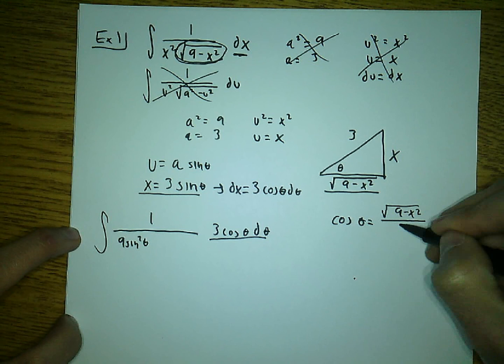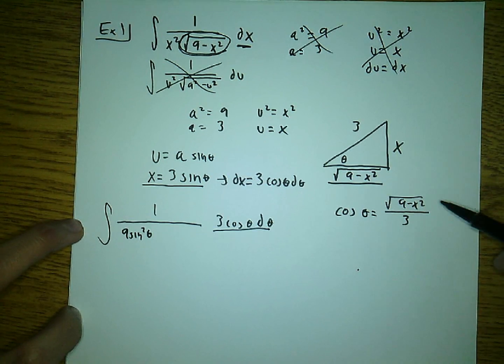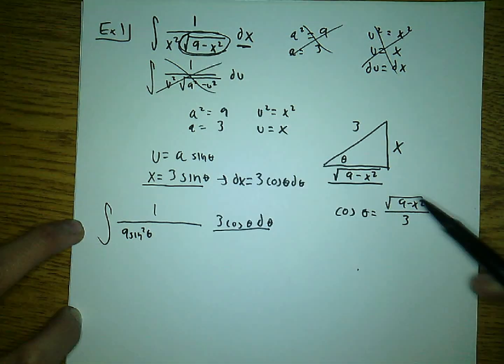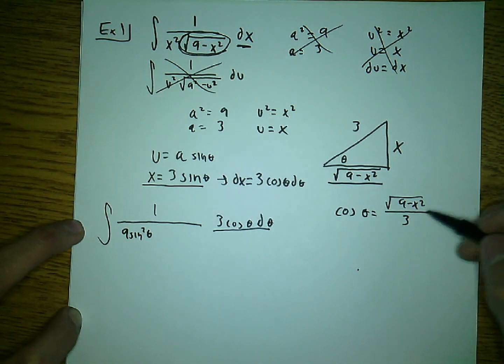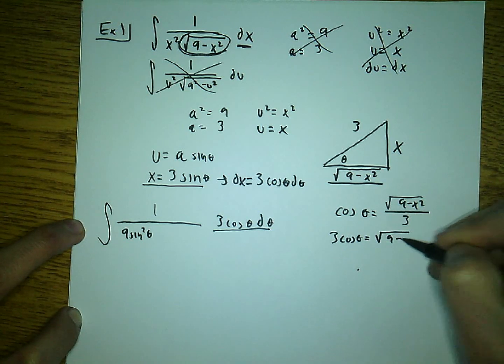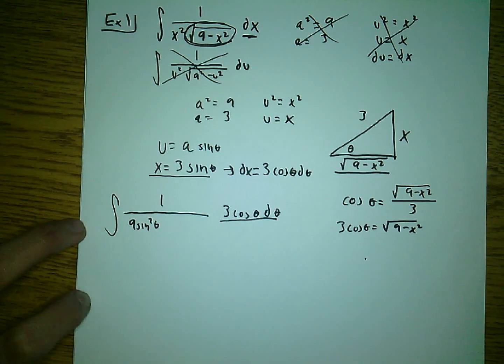Square root of 9 minus x squared. Cool. Now, remember, I want to replace the square root of 9 minus x squared, so I want to get that by itself. So that means that 3 cosine theta is equal to the square root of 9 minus x squared. Everybody okay with that?